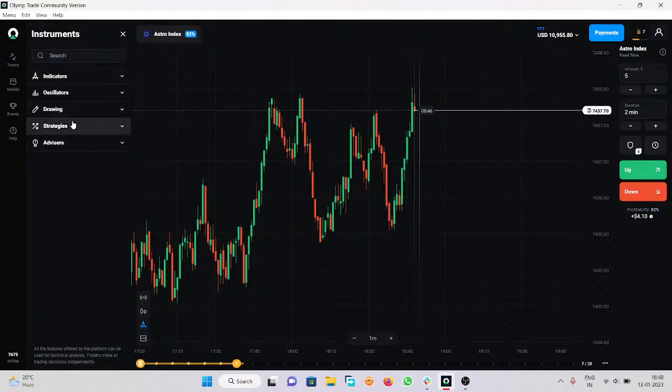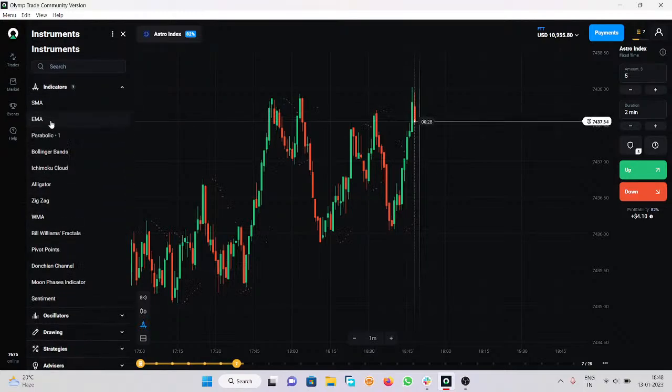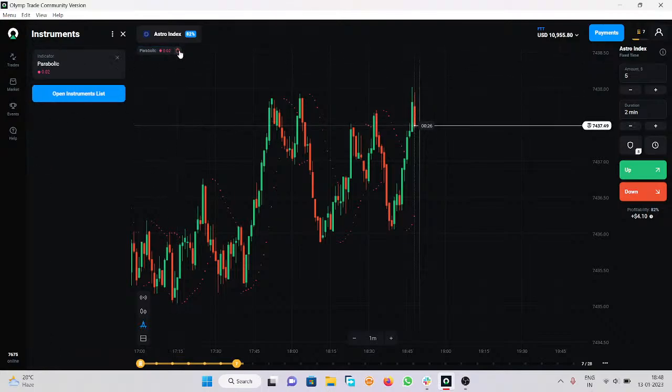What is the difference between indicators and strategies? Whenever we open the trade with the indicators, they come with their standard settings, but we need some default settings with the strategies. Whenever we select any indicator, sometimes the indicator is set in the default way, and sometimes with the standard setting.